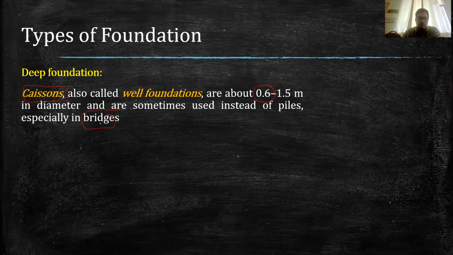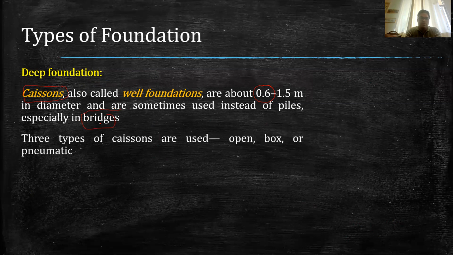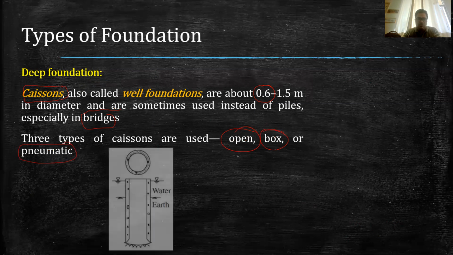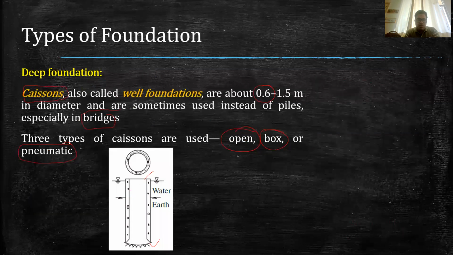In well foundation we use wells, and wells can be of three types: open well, box well, or pneumatic well. I will show you these wells one by one. This is the open well.